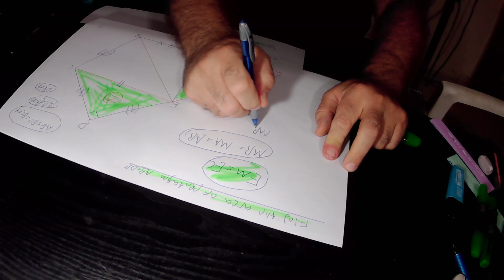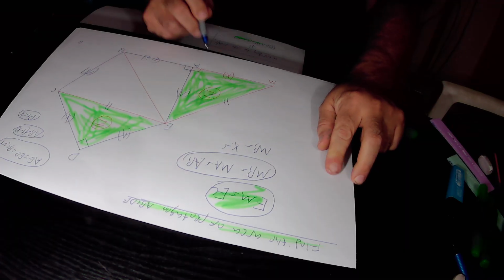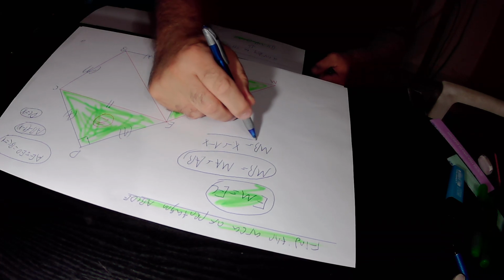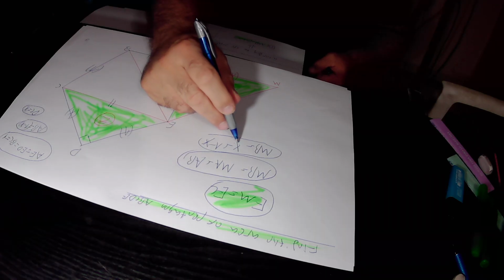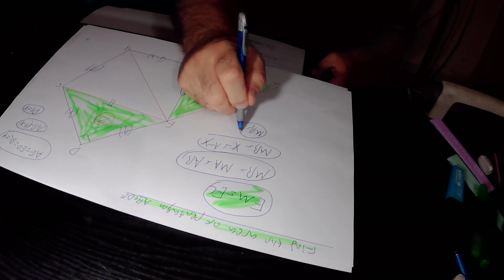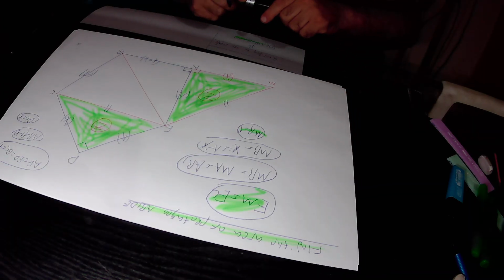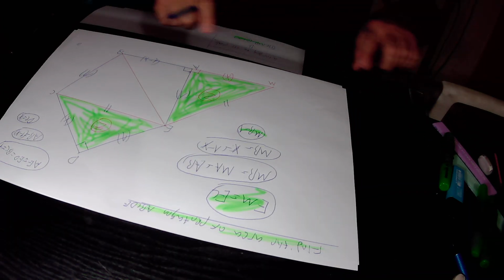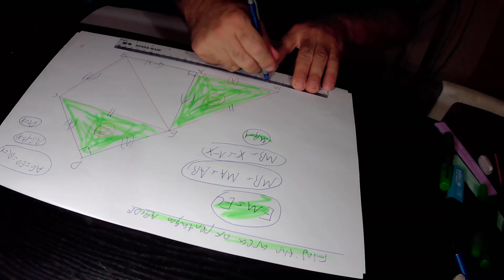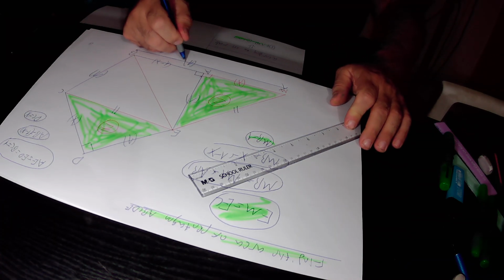So MB in total equals MA, that is X, plus AB, that is 1 minus X. So in total MB equals X minus X, that is 0, so we're left only with 1. MB equals 1 unit in its length. So this is side MB, equal to 1 unit in its length.